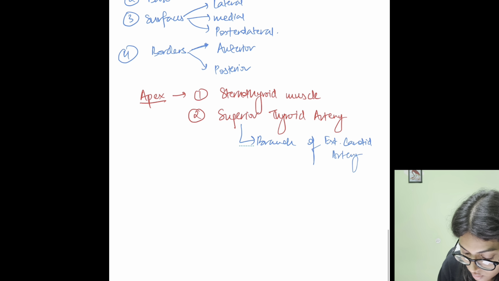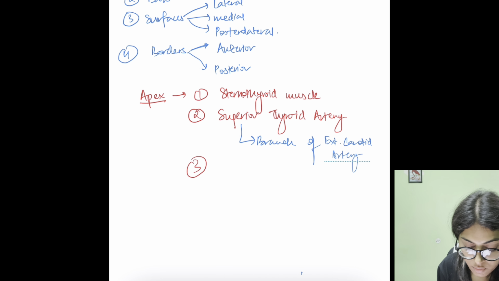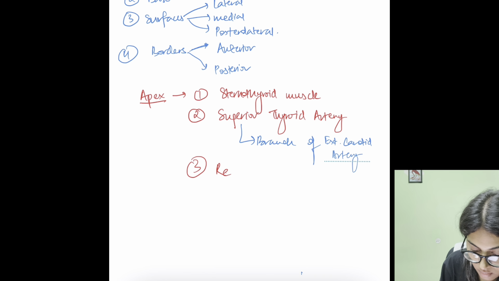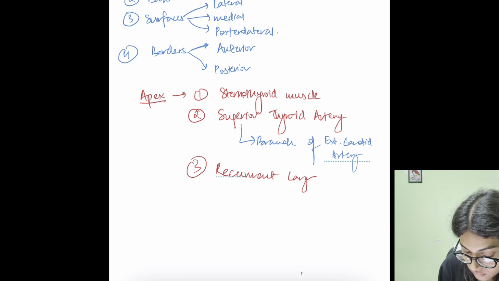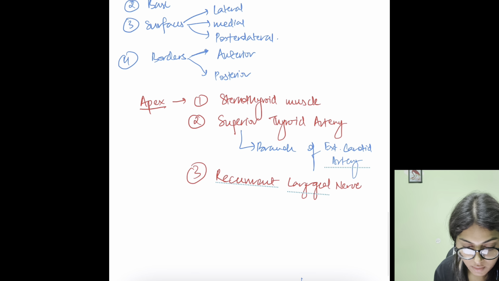In relation to the superior thyroid artery, we have one nerve, the recurrent laryngeal. Now, these three things are attached on the apex.